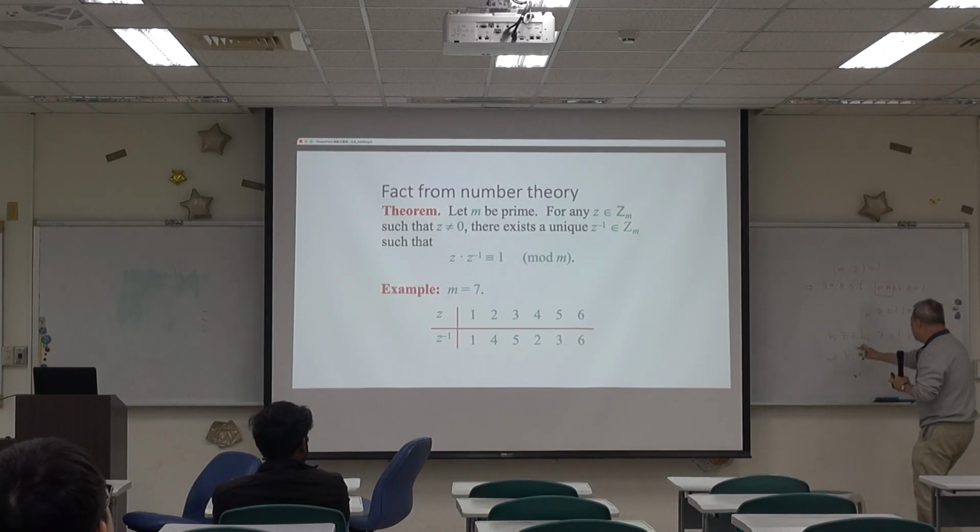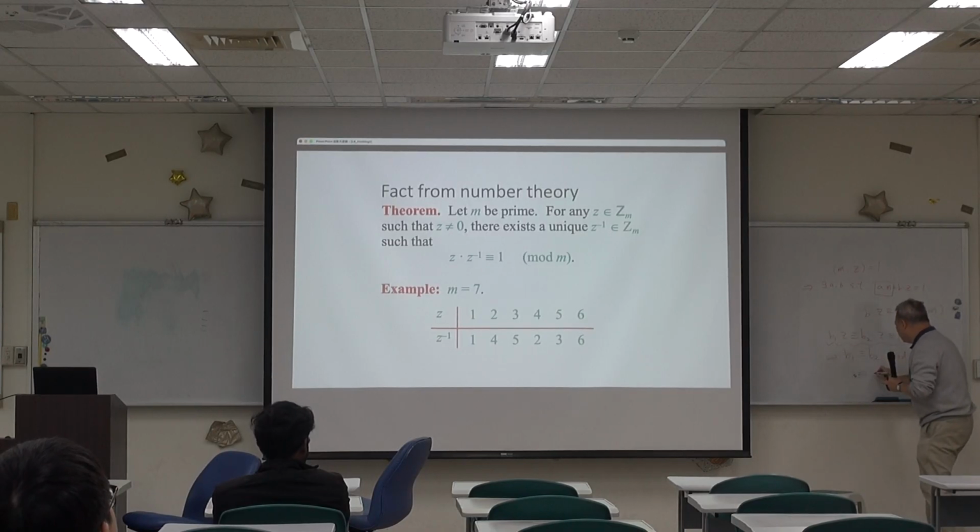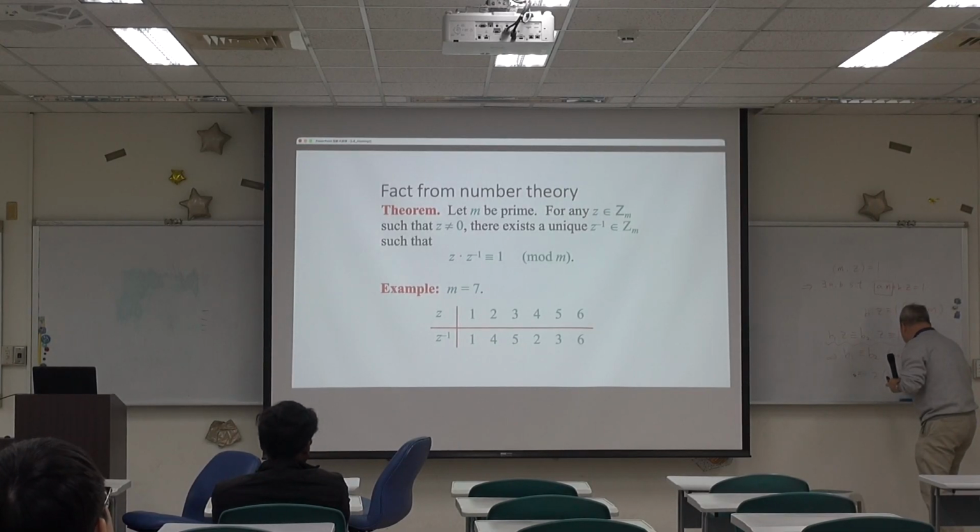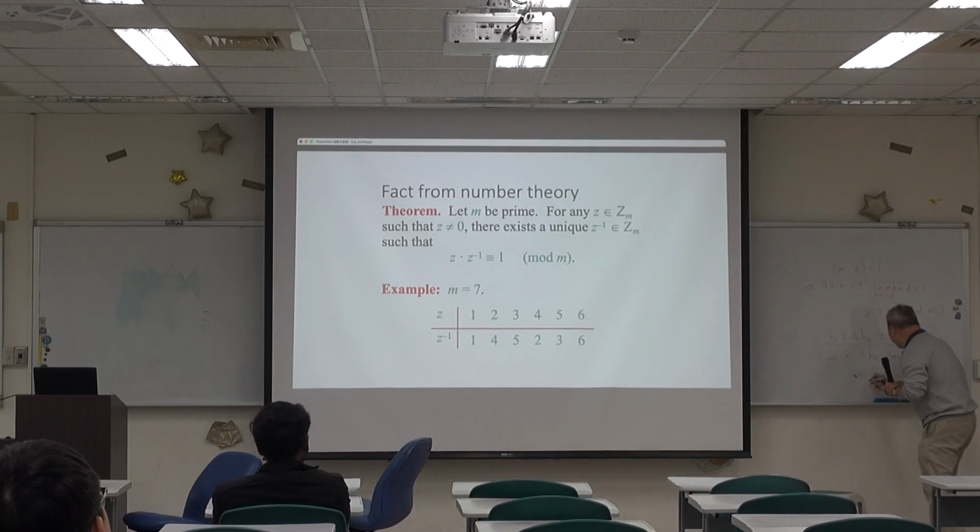This means z times (b1 minus b2) is divisible by n, right?